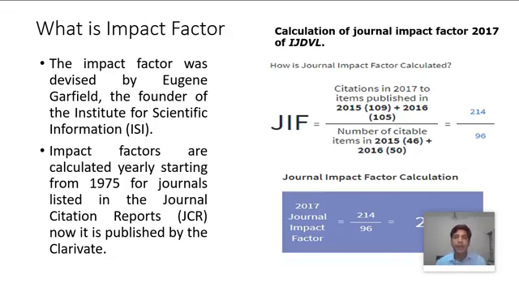Here in this slide, I have given you one example of how we can calculate the impact factor of any journal.